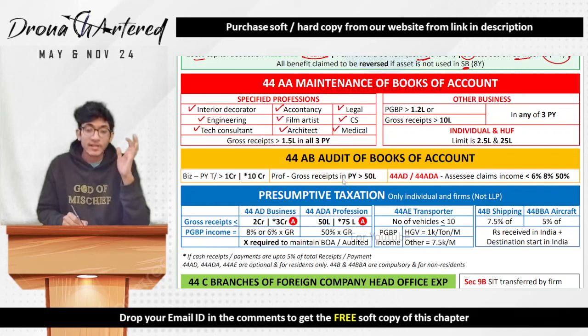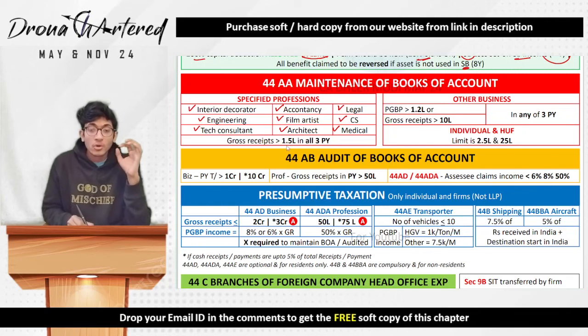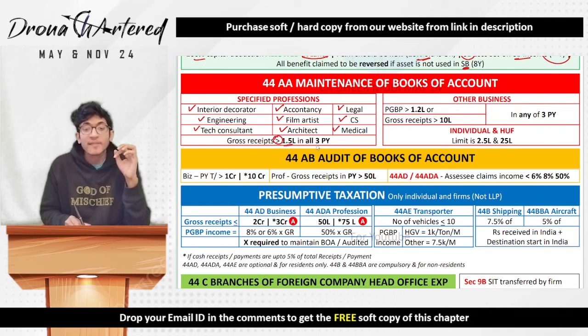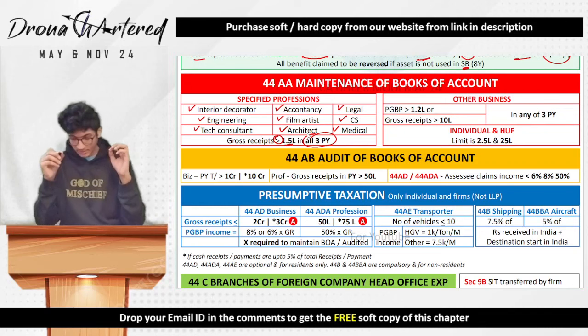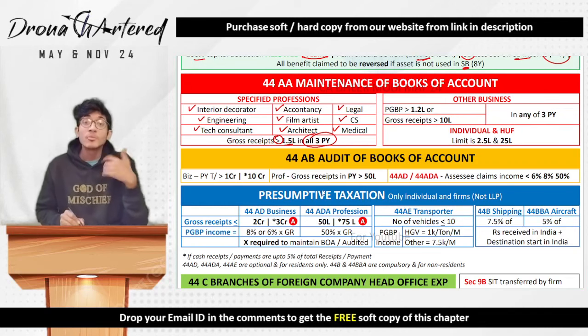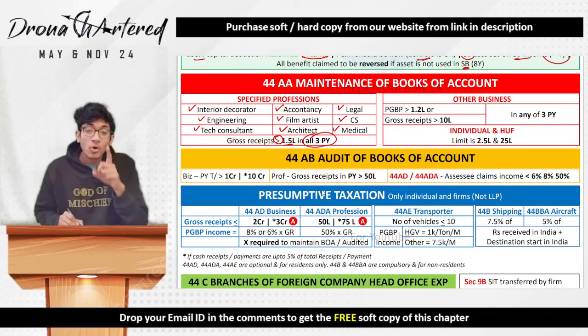These are some specified professions. If the gross receipts exceed 1.5 lakh in all three previous years, over here you have to see that it says all three previous years. Gross receipts have to be greater than 1.5 lakh in all three previous years. In such a case, the specified person has to maintain books of accounts.